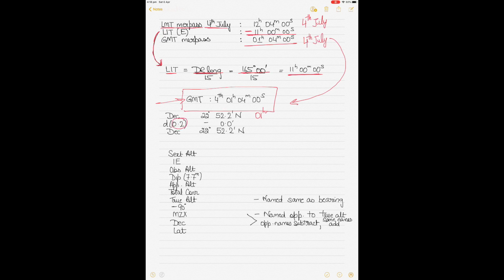The next thing you have to observe is whether your declination is increasing or decreasing when you go from 01 hours to 02 hours. So this is what we'll be doing. We'll go back into the nautical almanac for 4th of July 1992.